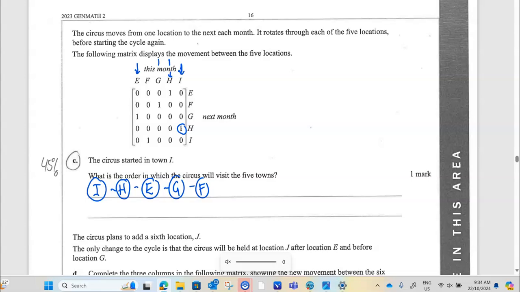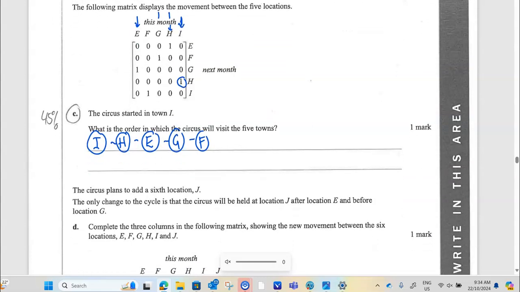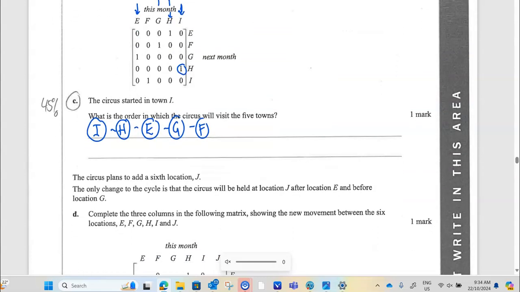Then to make sure you're right, you look at F and you go back to I. So that sounds pretty good. I think they're pretty easy if you know how to do it.